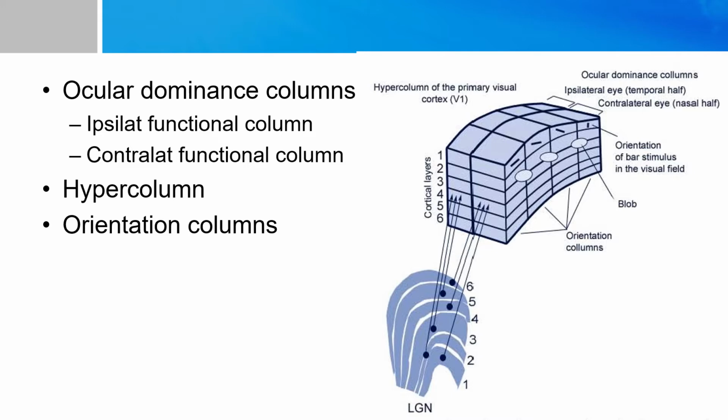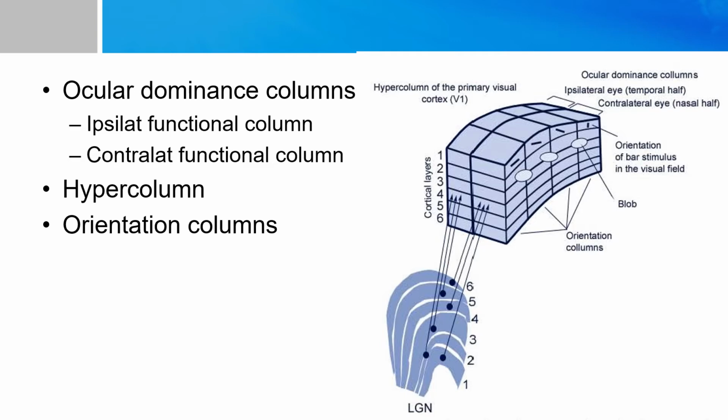Now, in the case of the primary visual cortex, the functional columns are also called the ocular dominance columns. There are two types of functional columns in the visual cortex based on what information they receive. The cells in one functional column receive afferents only from the lateral geniculate nucleus layers 2, 3, and 5.